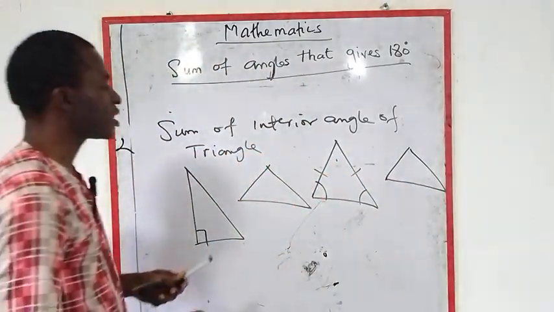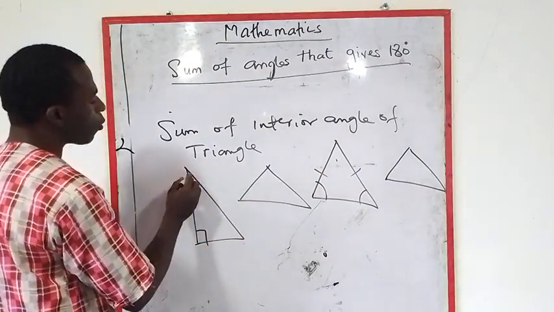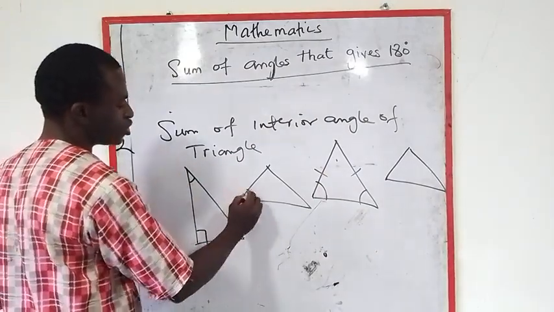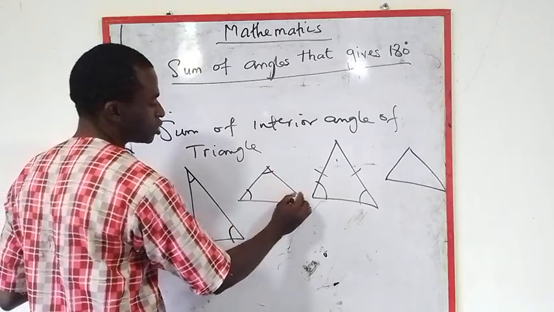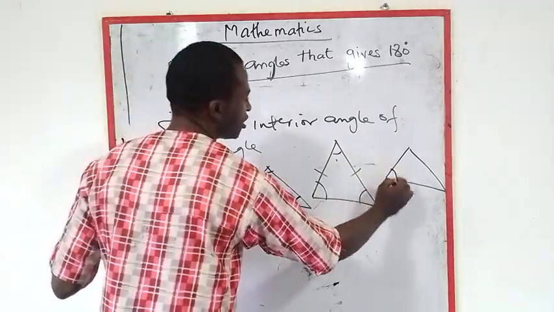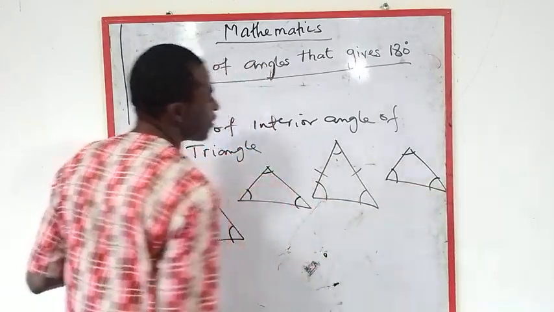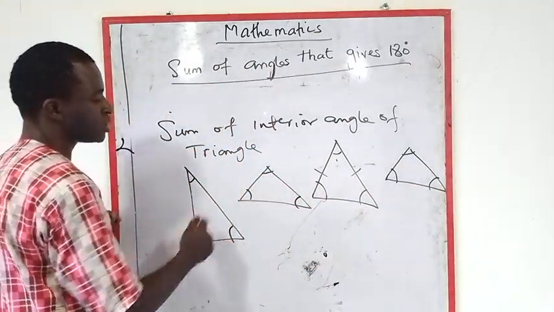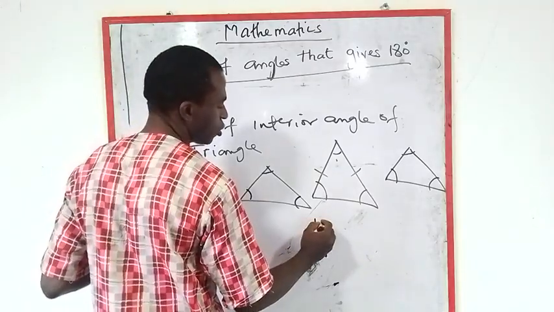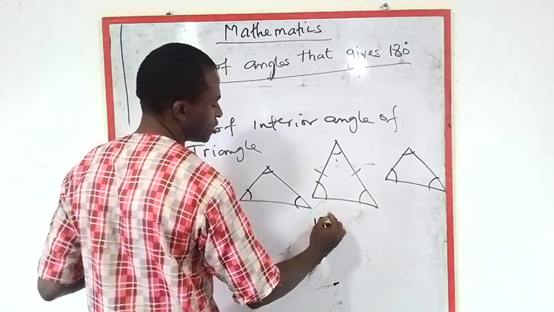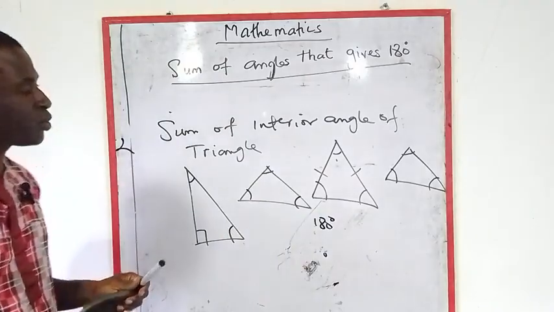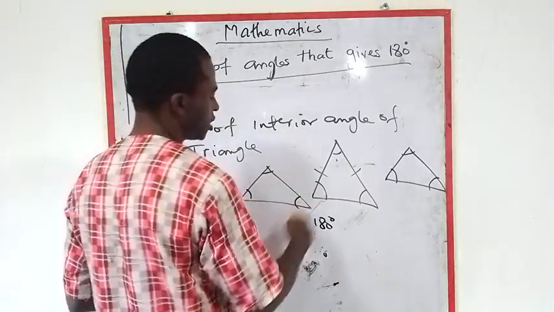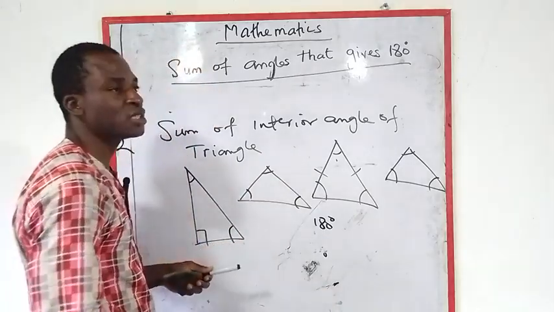All we are saying is the interior, the inside angles. When you sum all the angles inside, it is equal to what? 180 degrees.